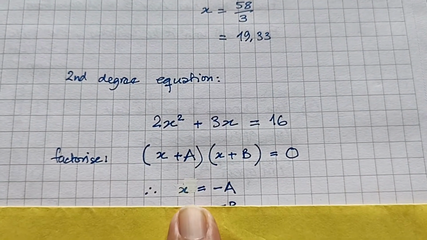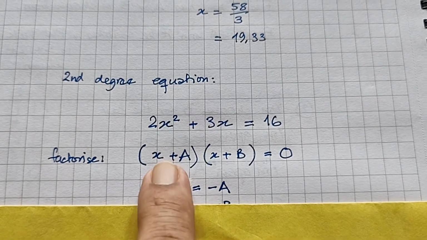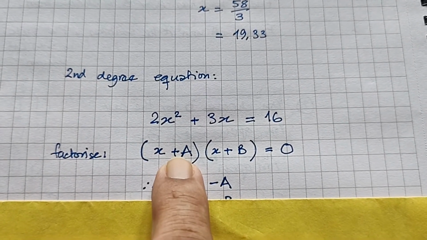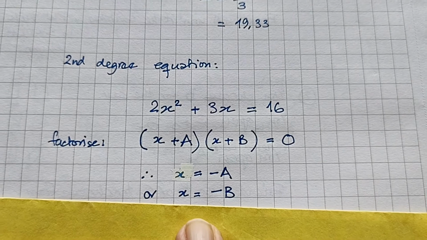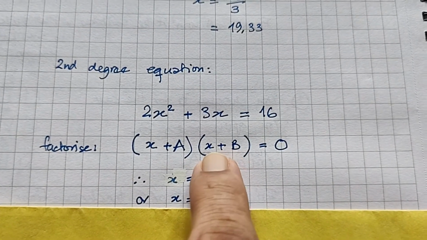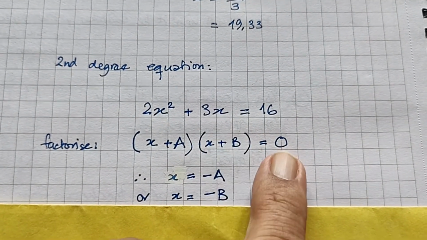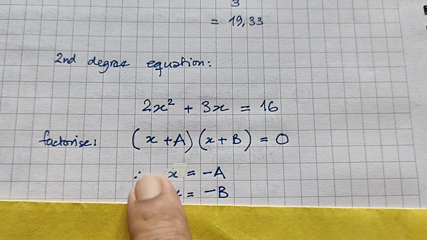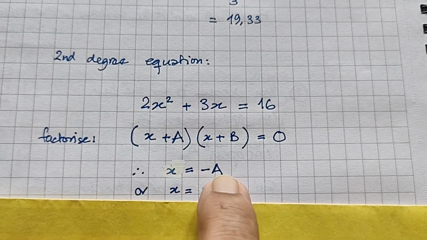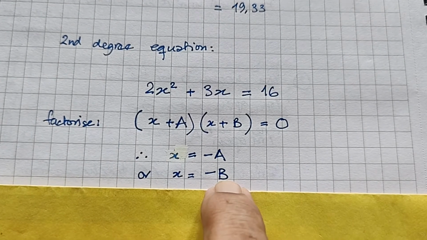So then you can say either x is equal to minus a, because if x is equal to minus a, this is 0, or x is equal to minus b, then again this is 0. So the solutions are x is equal to minus a or x is equal to minus b.